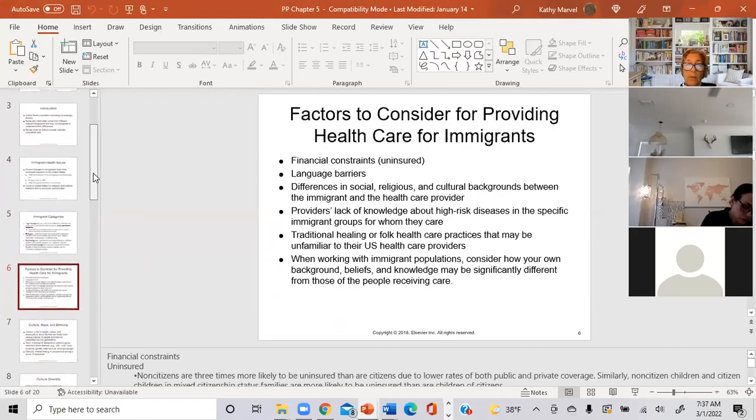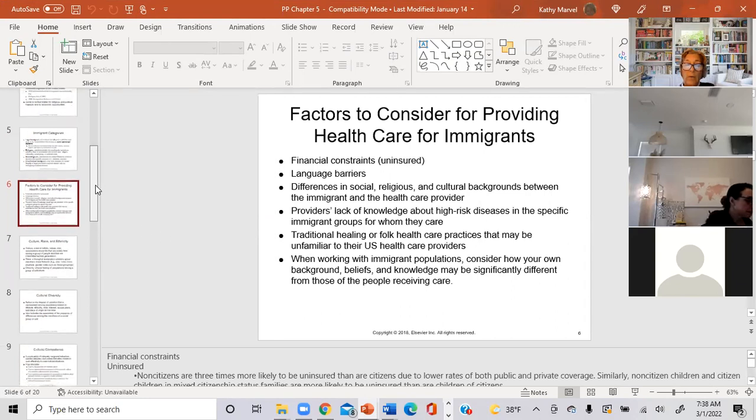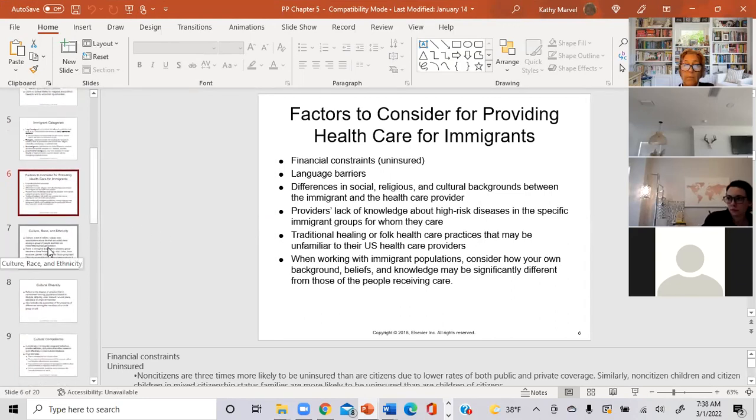Okay, so now we're specifically talking about immigrants. Factors to consider for providing health care for immigrants. We need to understand this. To be able to provide culturally competent care, we must understand what factors are to consider for providing health care for immigrants. So you need to have an understanding of slide 6.